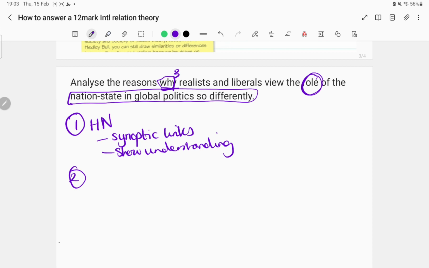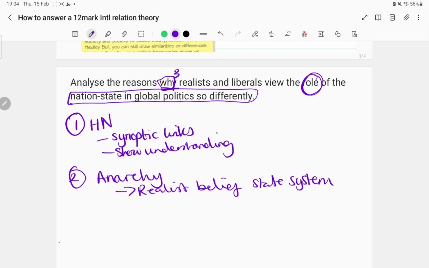Now, a second point that I would talk about would be anarchy, the realist belief in anarchy and the state system, linking this to sovereignty and the importance of both internal and external, however paradoxical.